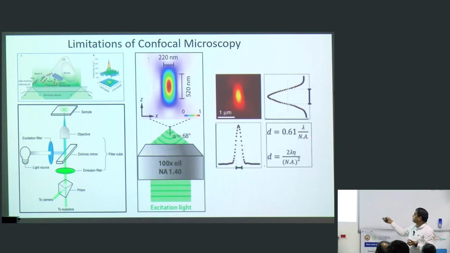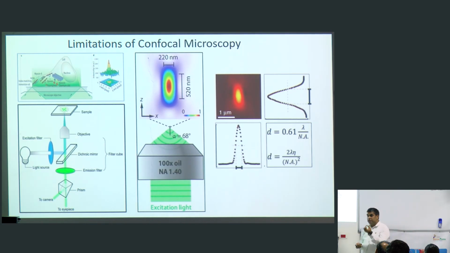If you take the numerical aperture as 1 and use 600 nanometer light, a single nanometer object is observed as 300 nanometer. In the axial direction it is 2 lambda by NA squared, which is basically double that. So even for a 1 nanometer object, you end up with 700 or 800 nanometer.